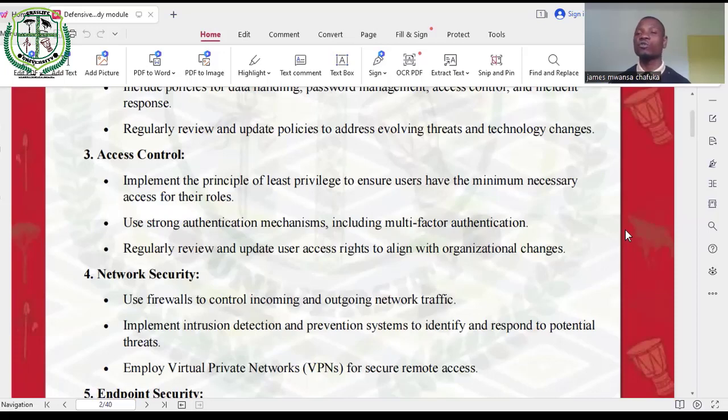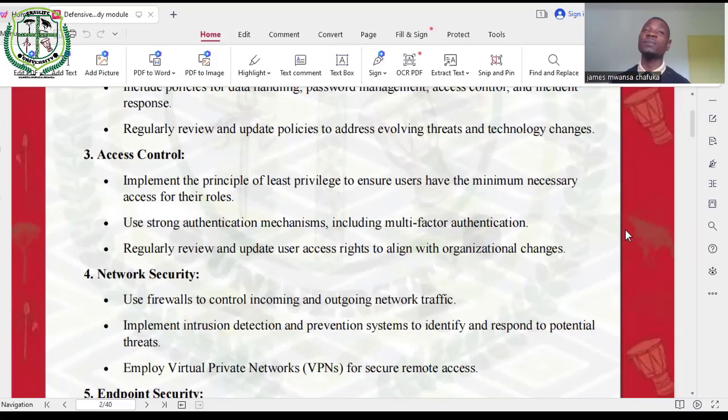And remember, a strong password includes using uppercase and lowercase letters, also special characters and numbers. So use strong authentication, meaning a strong password that includes uppercase, lowercase, special characters and numbers. Very important.